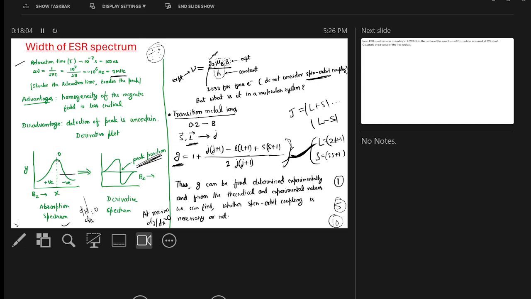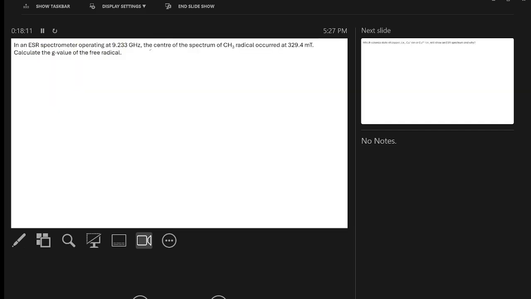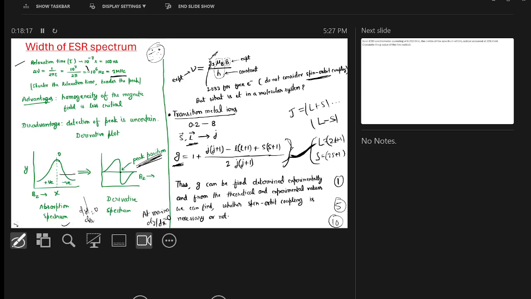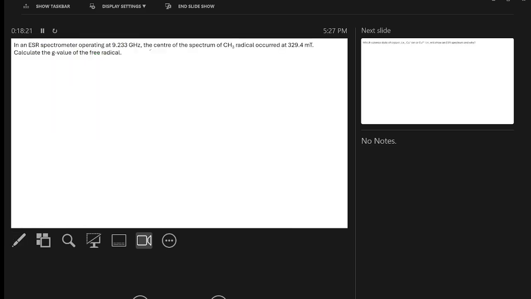Based on this discussion, we will try to solve some more problems. The first question is: in an ESR spectrometer operating at this gigahertz, what is given? The operation frequency is 9.233 gigahertz.